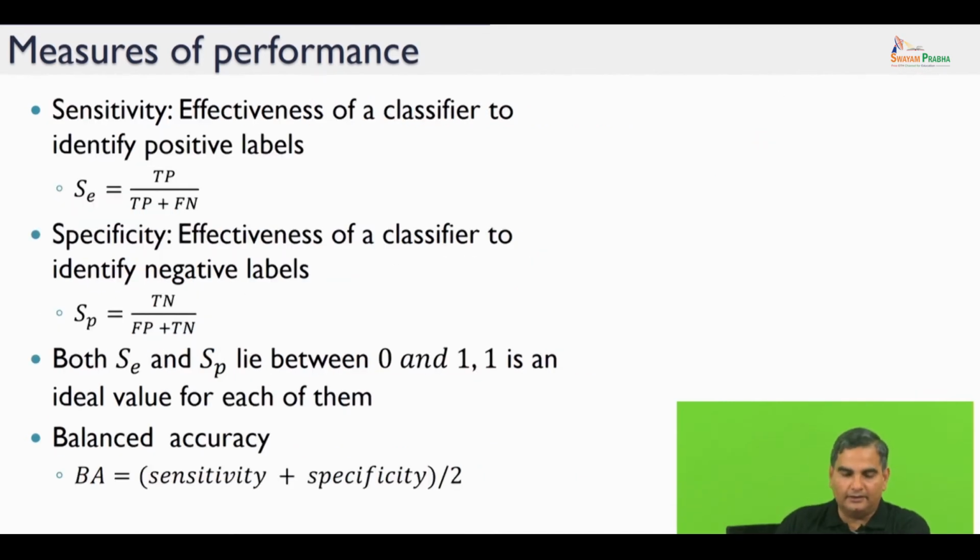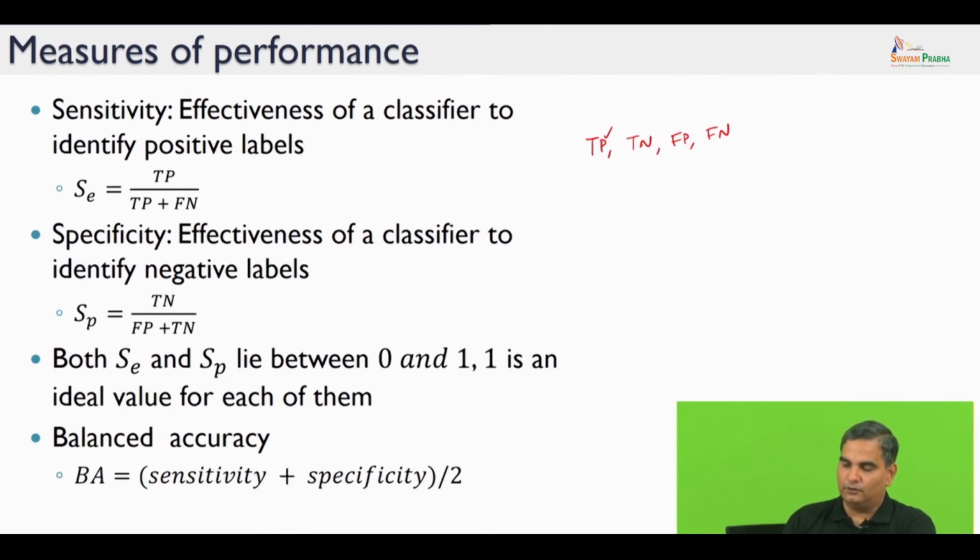Now, the other definitions: there is a definition for sensitivity, where we want to find out how effective the classifier is in identifying positive labels alone. So, in the 4 cases, again, true positive, true negative, false positive, false negative. The classifier has effectively identified a positive label only if the identification is positive and that is the truth.